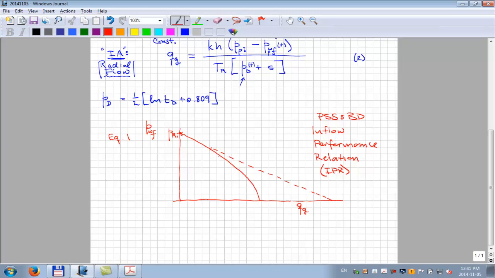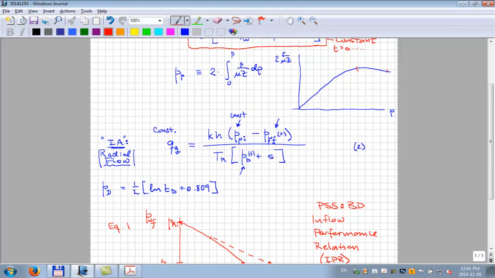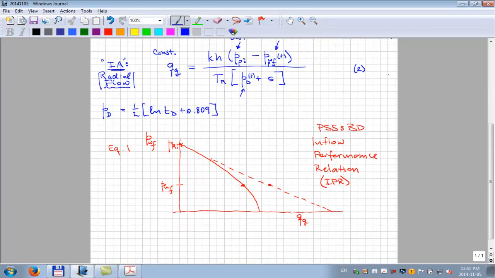The actual performance at a given flowing bottom hole pressure is considerably less here than if this function looked like a constant, then you would get this relationship between flowing bottom hole pressure and rate. It would be basically a straight line.